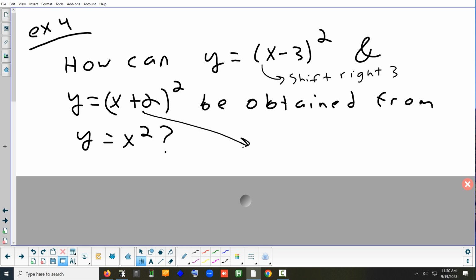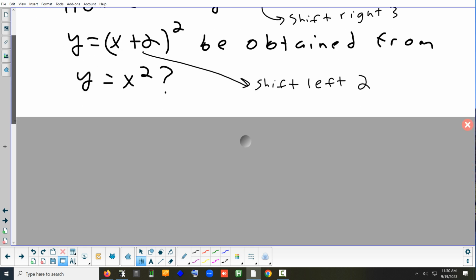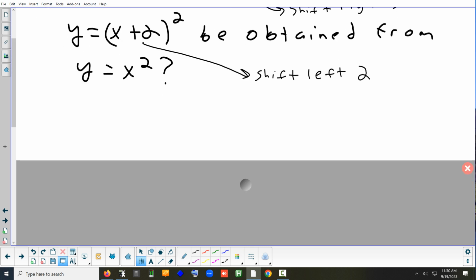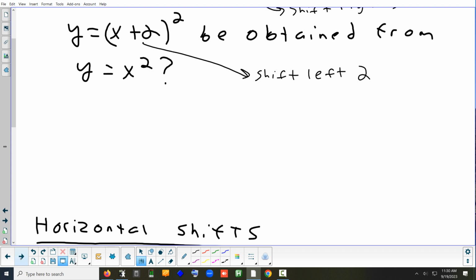And what do you think about this one? To the left. Plus is going to move it left. So shift left 2. Okay, so these are examples of horizontal shifts.